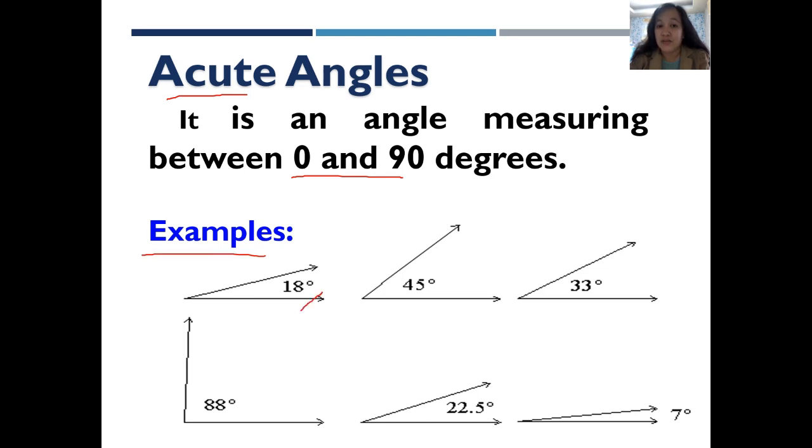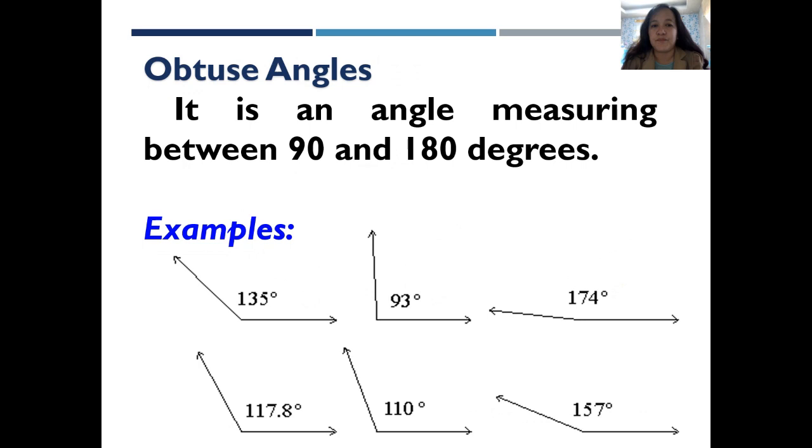We have an 18-degree angle, 45-degree angle, 33-degree angle, 88-degree angle, 22.5-degree angle. As you can see, the measure of these angles is all between 0 and 90. Therefore, these are acute angles.